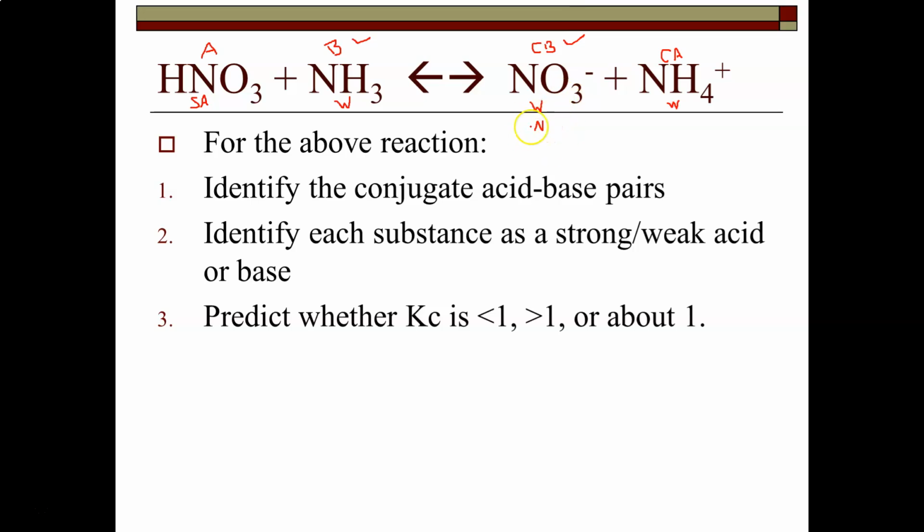So the negligible conjugate base is a lot weaker than the NH3. So equilibrium is going to lie to the right, because the NO3 minus is negligible compared to the NH3. That means Kc is greater than 1. That takes care of that.